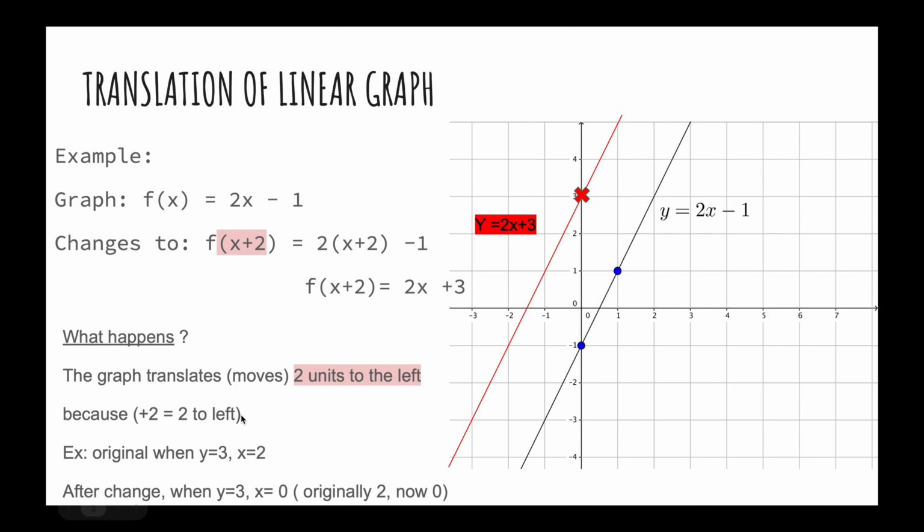For example, this point here, which is (2, 3), goes to (0, 3). Originally when y equals 3, x equals 2, after change, y equals 3, x equals 0. Originally 2, now 0 because it minus 2, as in 2 units to the left.